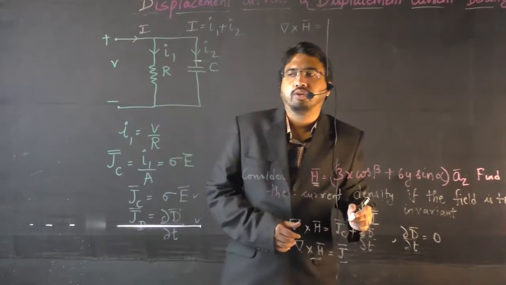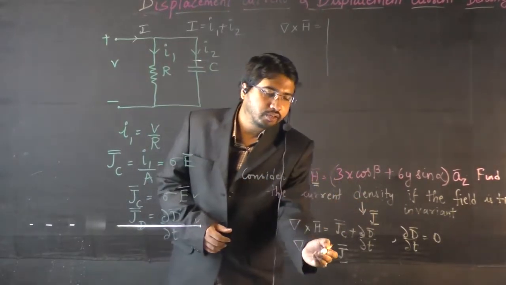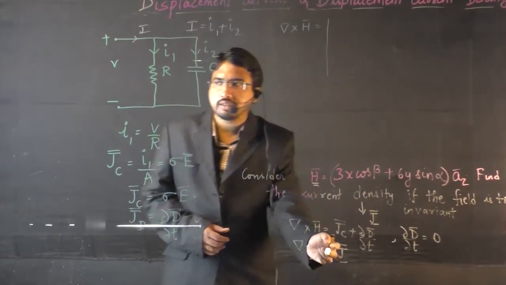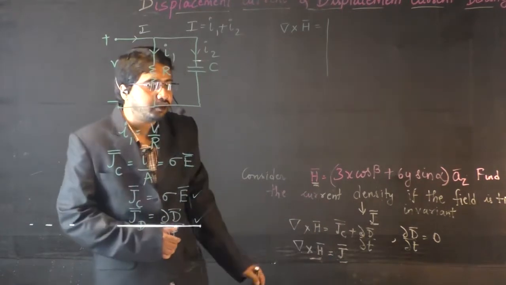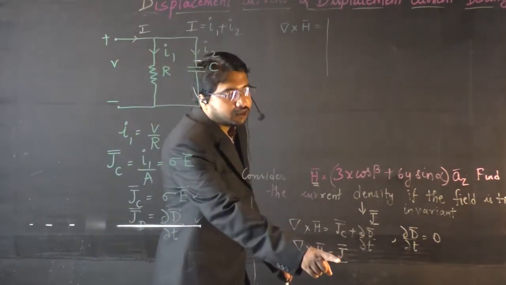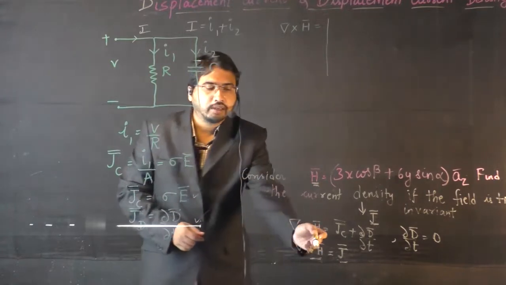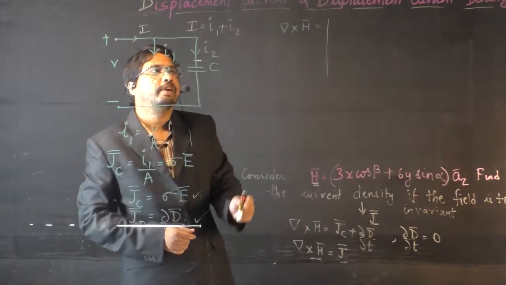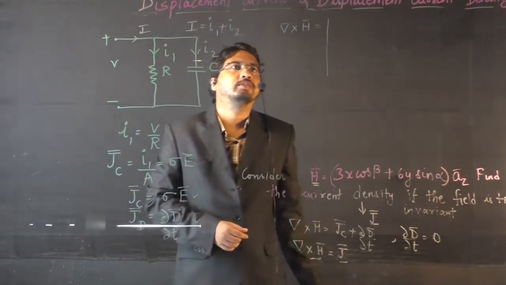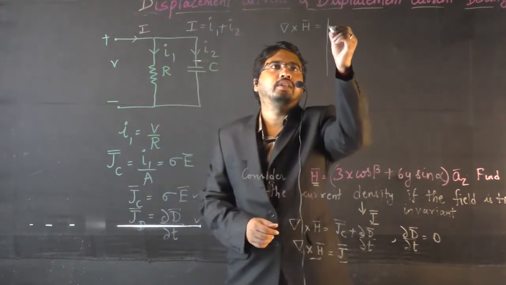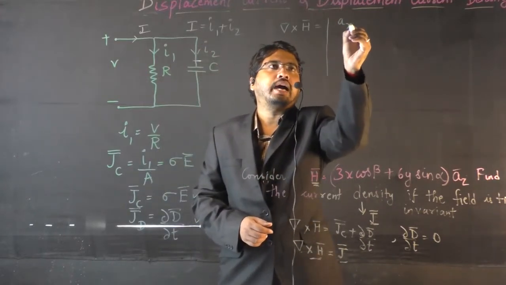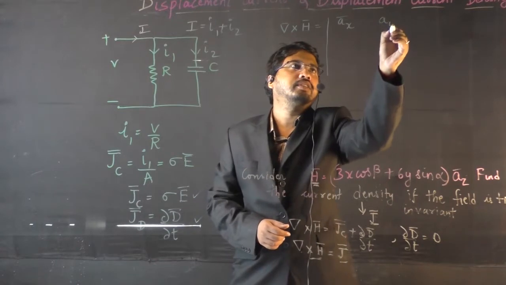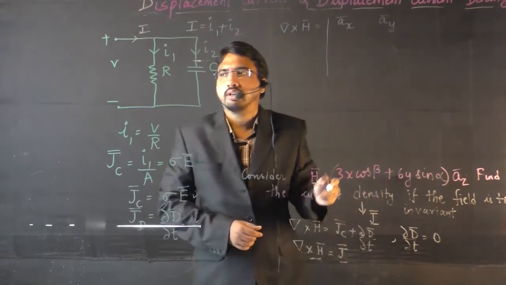So to find this cross product del cross H bar, which will yield the current density J bar, your current density J bar can be obtained with the formula del cross H bar. Now I am finding this cross product. During this cross product we are using the Cartesian system. What are the unit vectors in Cartesian system?